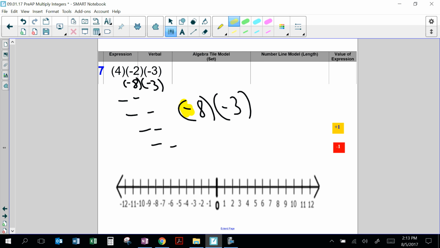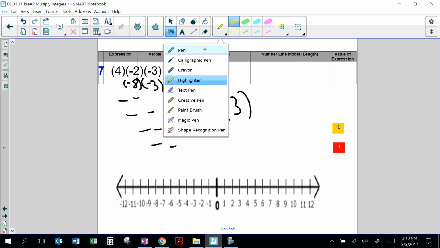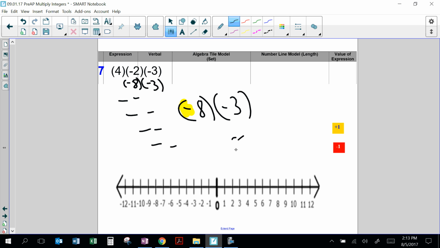This says opposite of 8 groups of -3. So that's -24. Opposite is 24. And we can't really show a number line with this because our number line doesn't extend all the way, but this arrow right here does say it goes on, but it's just not practical showing it.